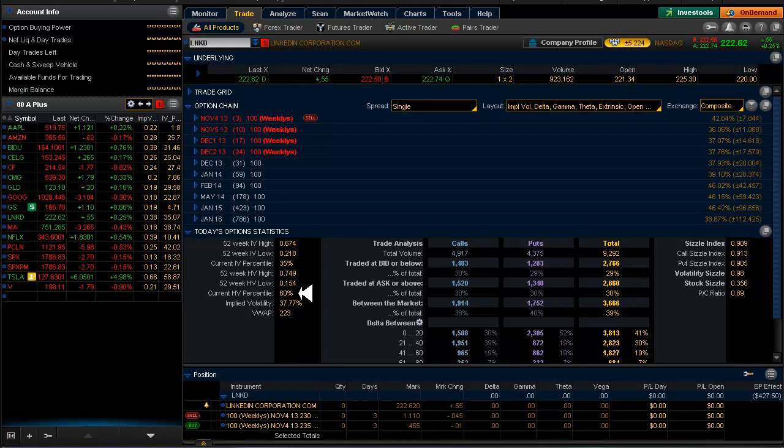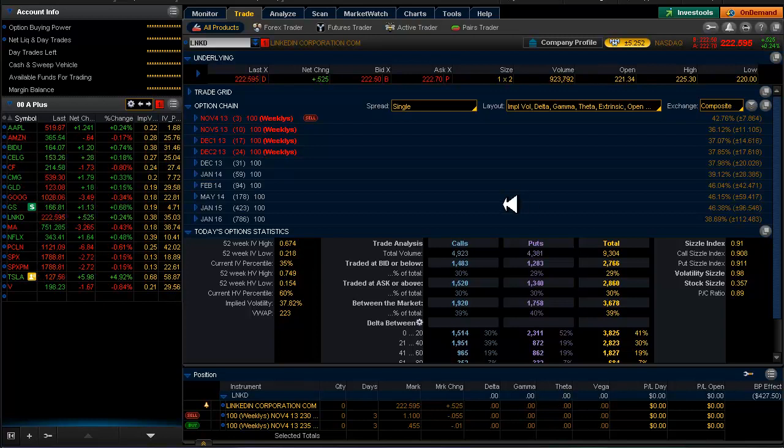Sorry, the current implied volatility percentile is 35% on LinkedIn, and that's saying that over the last year, the last 52 weeks, it is in the 35th percentile of its range. So that means that it has been as high as 67.4% and as low as 21.8%.